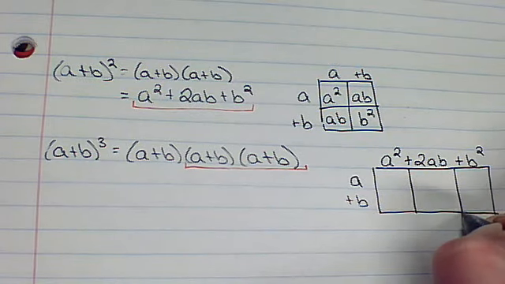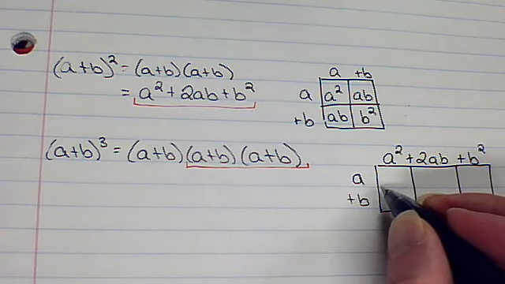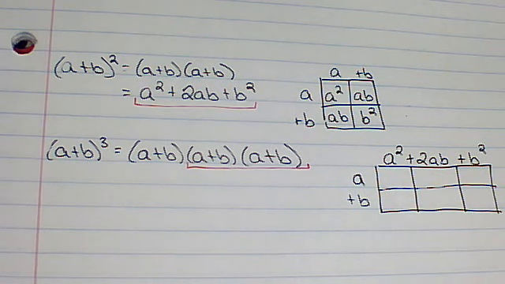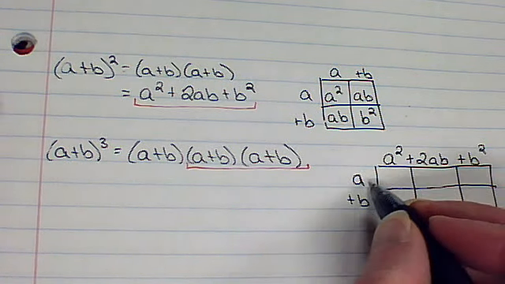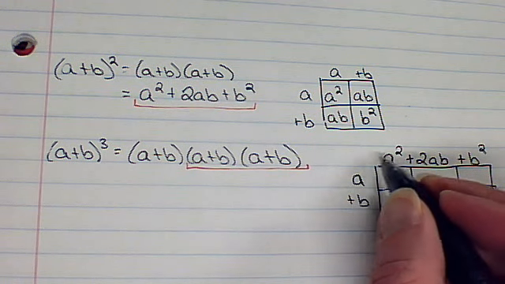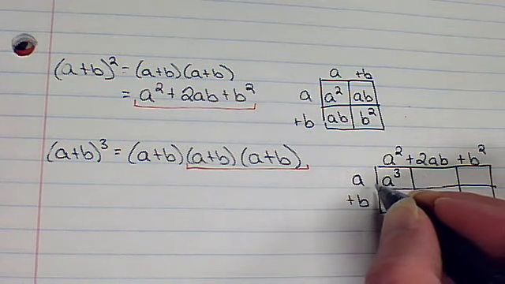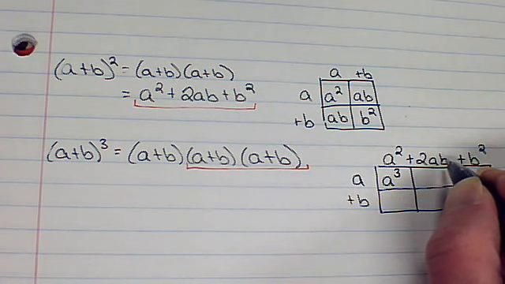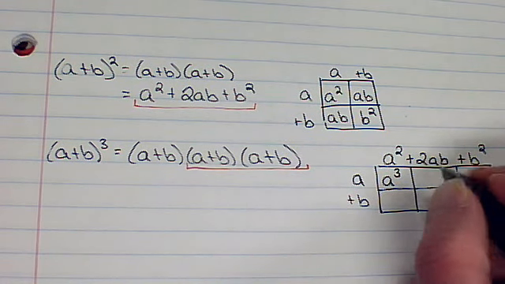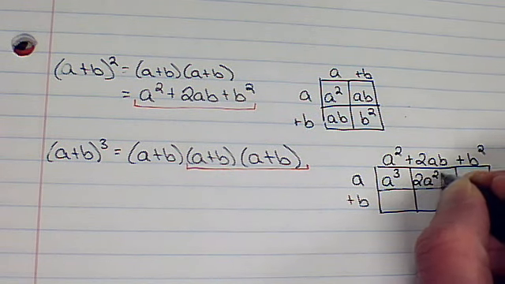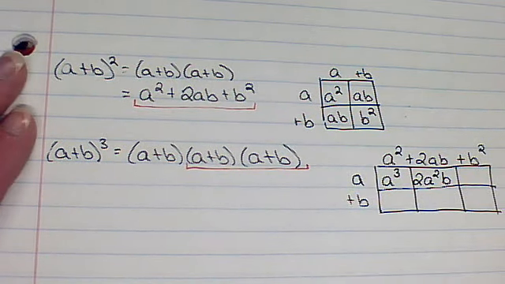Now I'll try to go through it kind of slowly, but I want you to make sure we can do our rules of exponents and everything very well when we're doing these. A times a squared. A times a times a, that's a cubed. A times 2ab. Well, the a times the a gives me a squared. I like keeping the coefficient in front and our variables in alphabetical order.